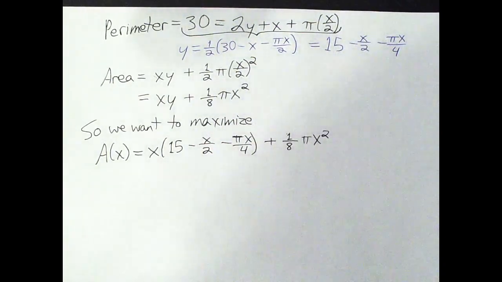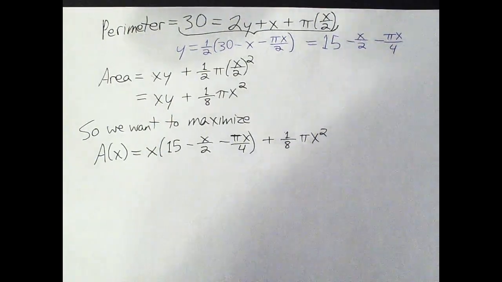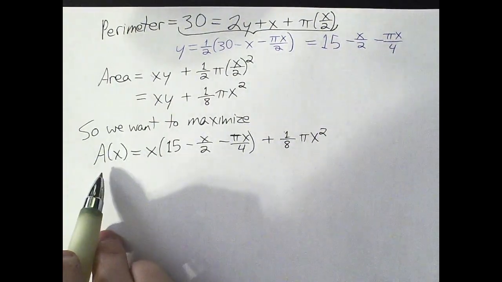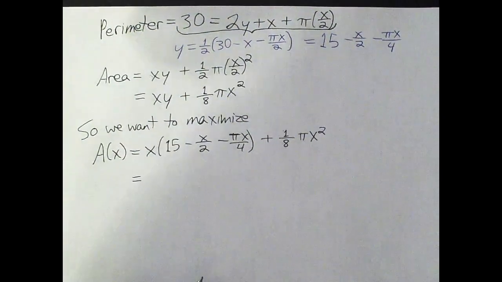Oh boy, that's the function we need to work with. Well, it's not that bad. I mean, we can actually rewrite it. Let's rewrite this before we try to find the derivative. Let's distribute the x.